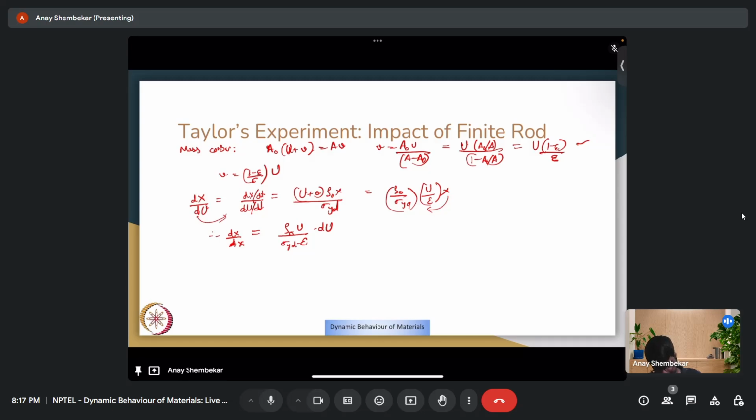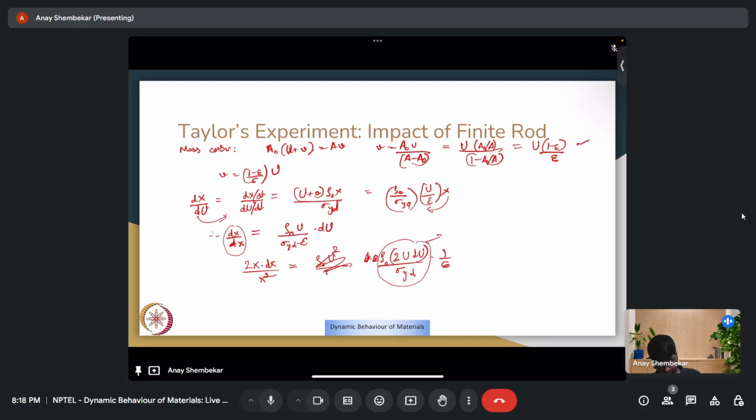I'll multiply this side with x and x. So you have 2x dx by x square, and you have rho naught u square by d of, multiplying both sides by 2. So 2 rho naught u du by sigma yd into 1 by epsilon.